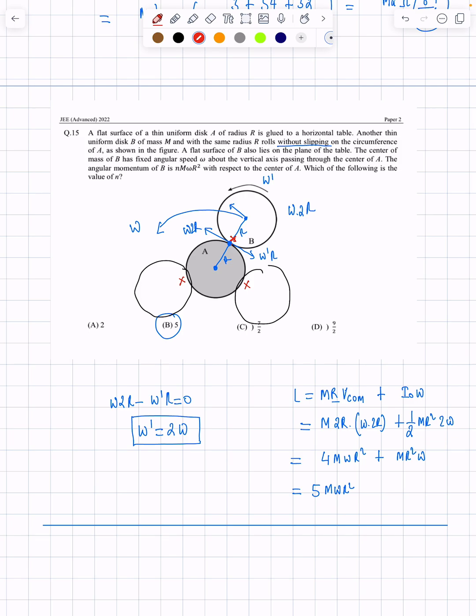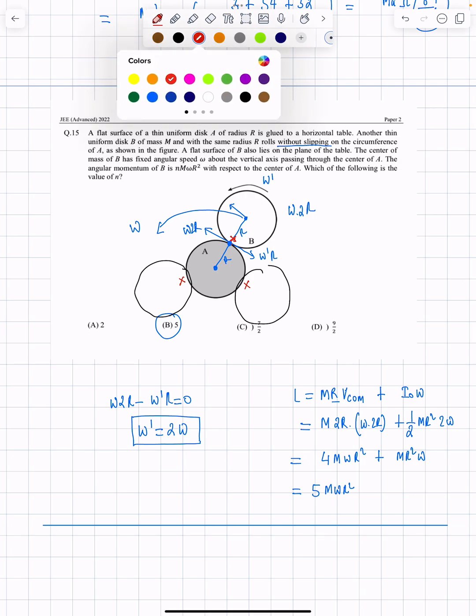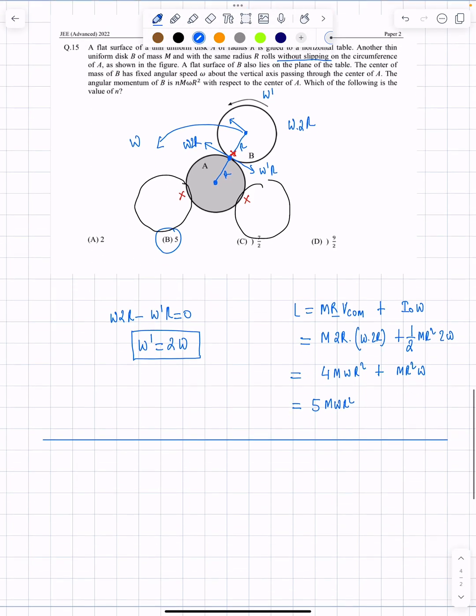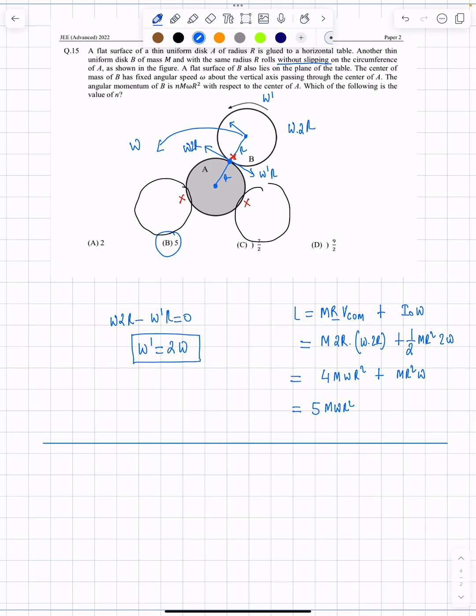In that case, like in the previous example, we can use the parallel axis theorem and calculate the angular momentum, which will be I omega. So the I is half mr square plus the mass times the distance of the center of mass of B from the center of A, which is 2r, squared, and times omega.